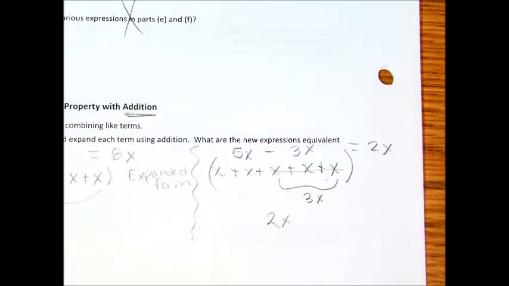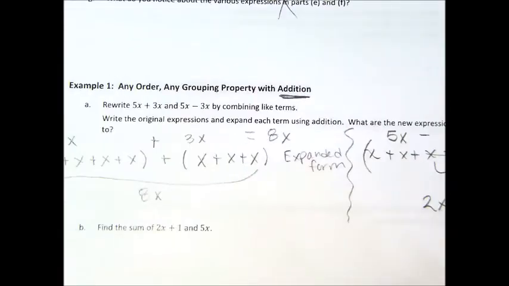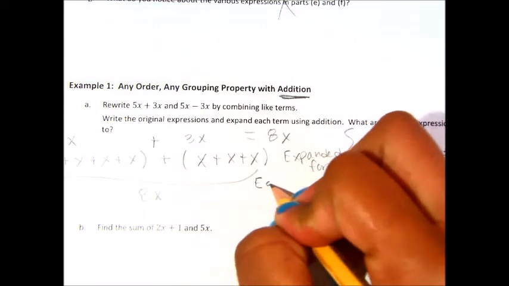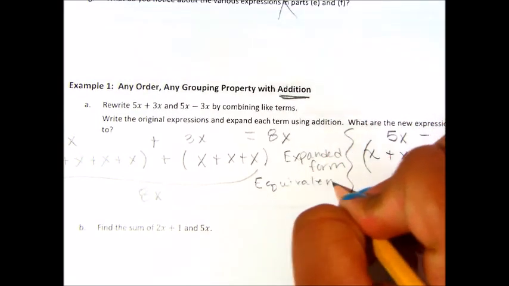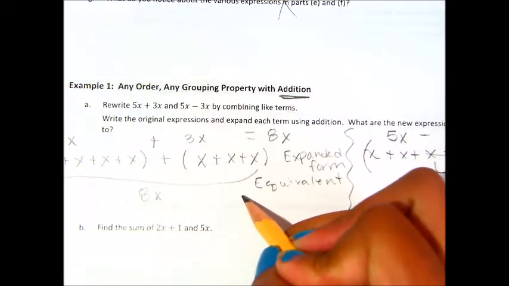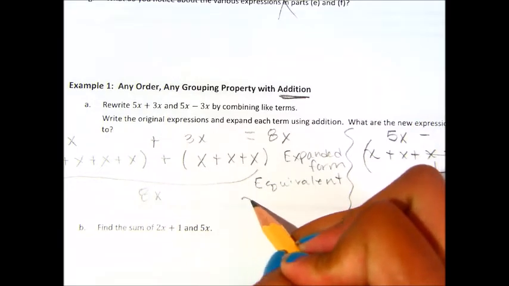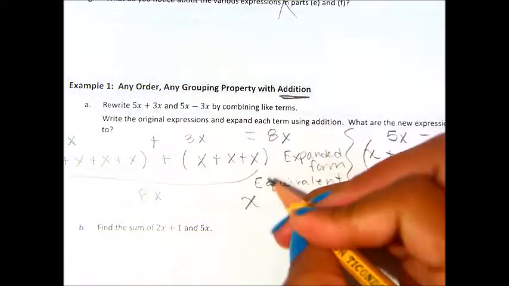If I wanted to write an equivalent expression to 5x plus 3x, I'm going to take the like term out of the expression. So I'm going to take this x out.